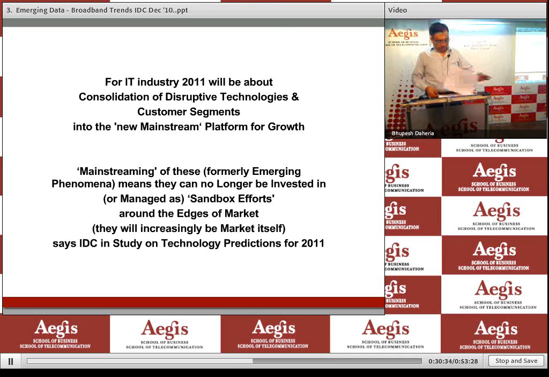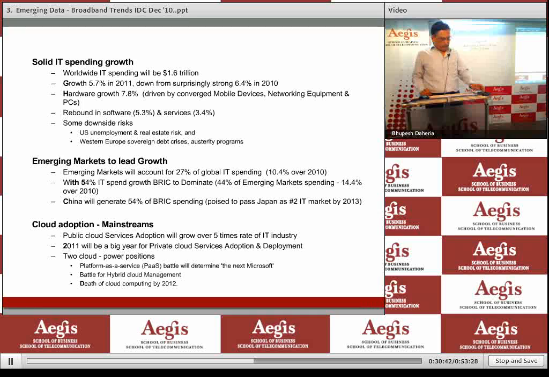So this is based on an IDC report. It says that there will be a solid IT spending in 2011, half of which, or two-thirds of that, is already over, and this is with respect to a world perspective, right? Not with respect to India.